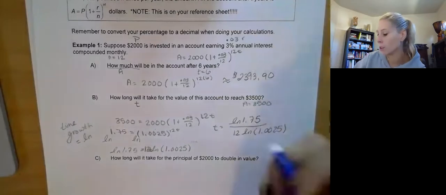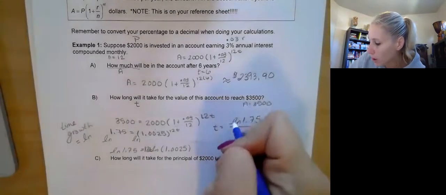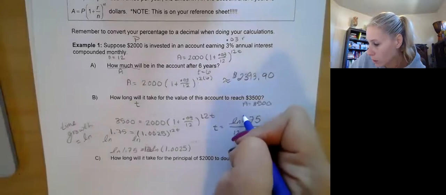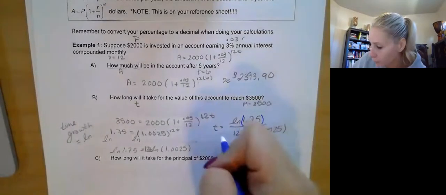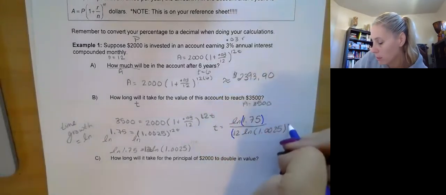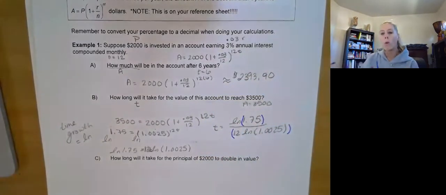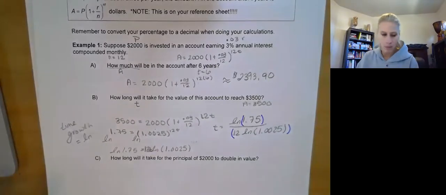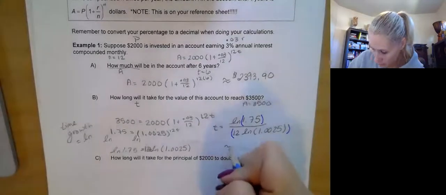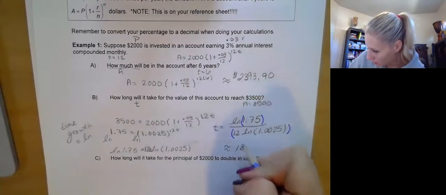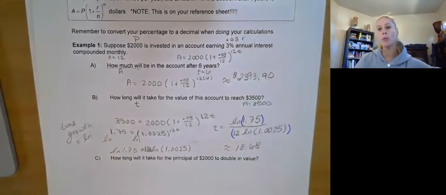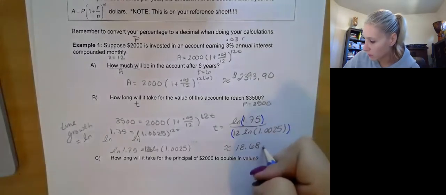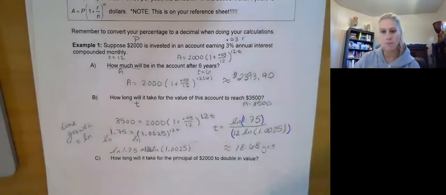When you put this in your calculator, guys, make sure there's a parenthesis around here, and then when you do that division, make sure there's an extra parenthesis around here, so the whole thing is divided by the 12 ln. Okay, so when we get that, we get 18.68. Now remember, this is a situation, so we do need our units, which would be years.